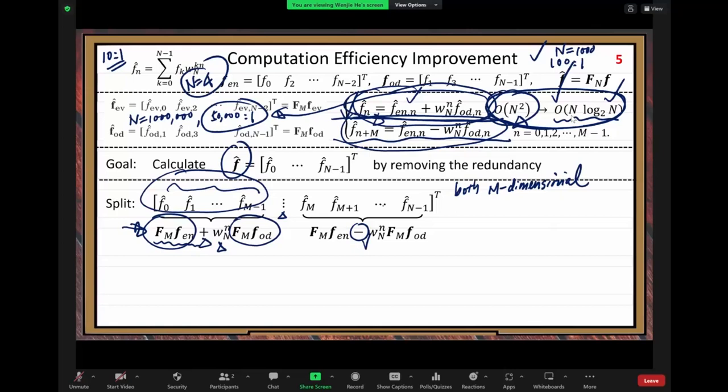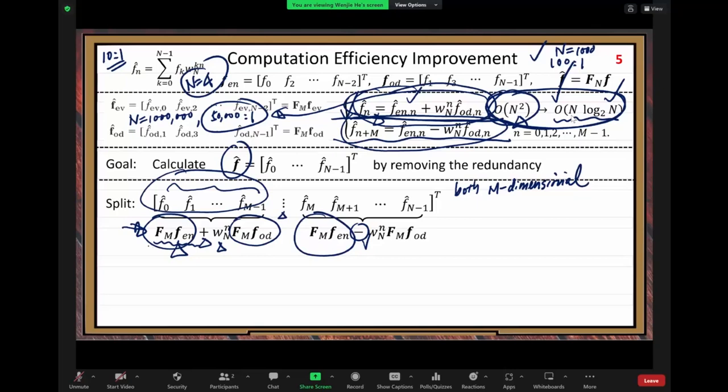So look at the first matrix. When you compute the first matrix times a vector, you need to do a certain number of multiplications, right? But when you do the second one, do you still need to do the same matrix vector multiplication? You don't need to, right?